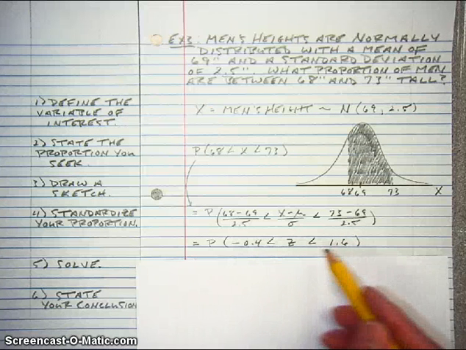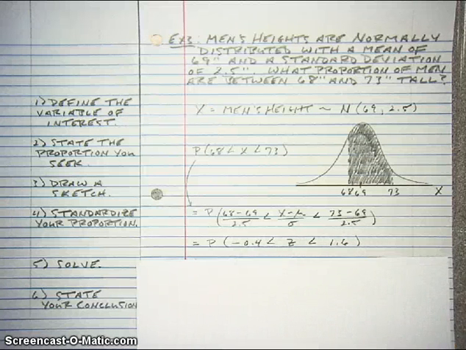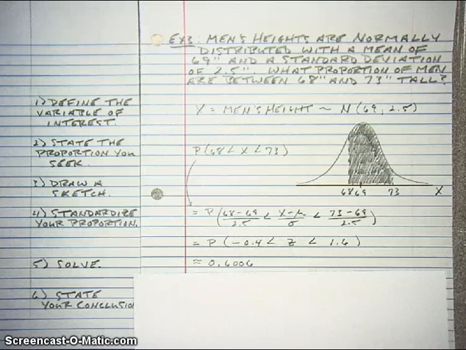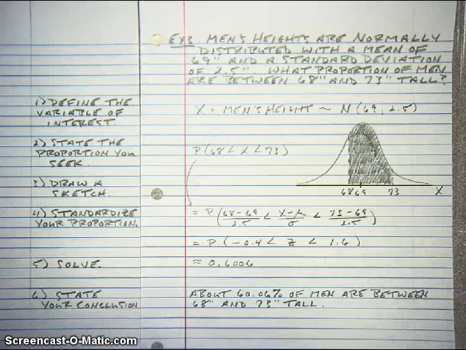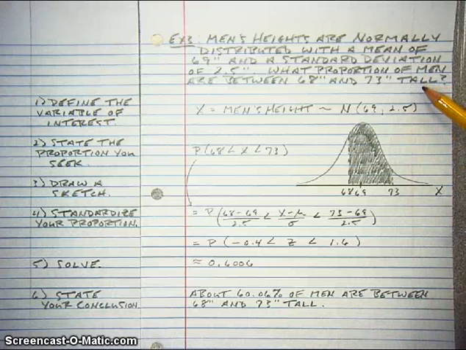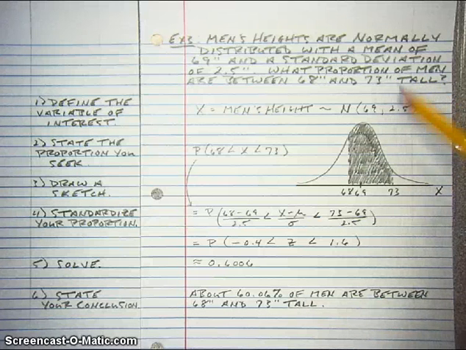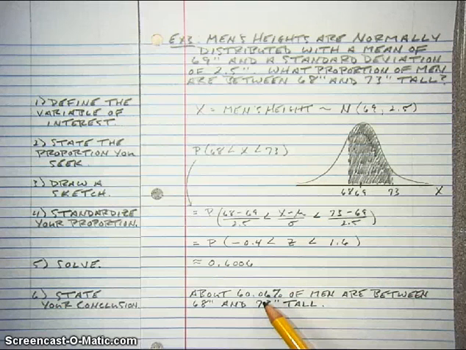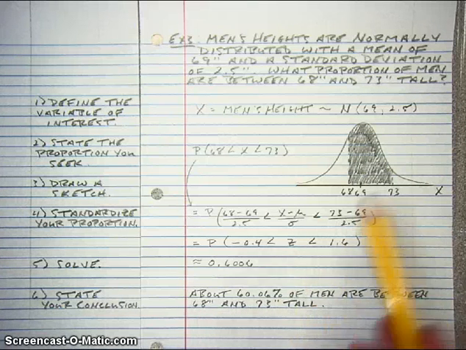and you can go to your calculator and find this proportion. It's about 0.6006, and your conclusion is about 60.06% of men are between 68 inches and 73 inches tall. Again, it's a very simple statement. It's pretty much just a restatement of this question as a statement with the proportion that we found put in there. Okay, and I always use about because all this is approximate.